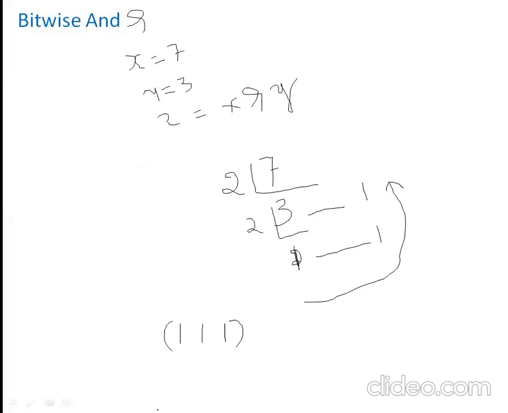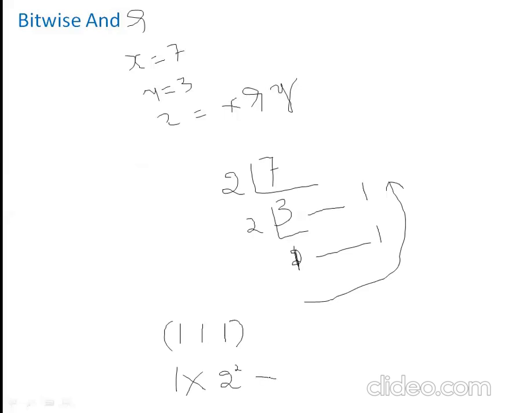Now, if you want to get its decimal value, how to get it? See, there are 3 digits. First digit is 1, you have to write down 1, then into 2 to the power... After extracting 1, how many digits are left? 2. So 2 to the power 2.